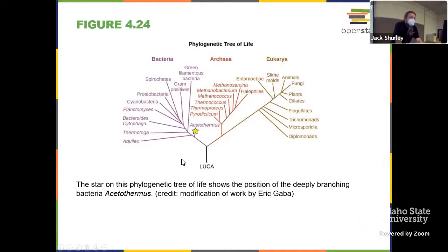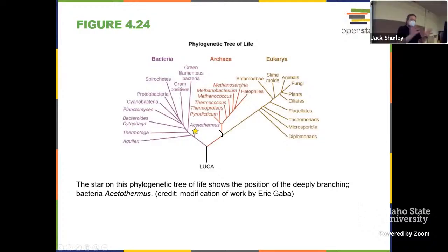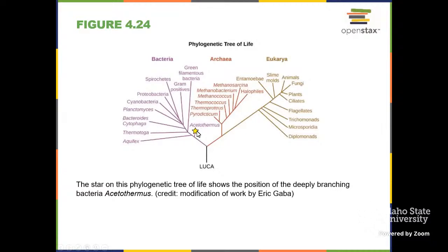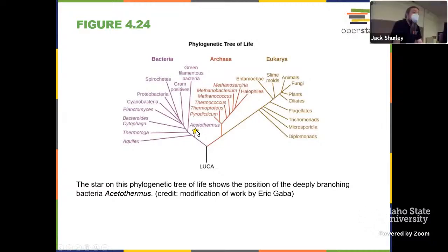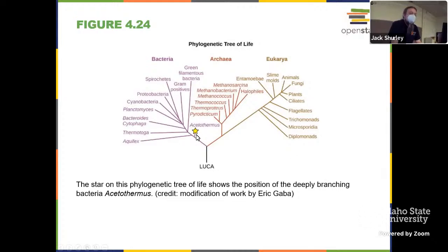This is Acetothermus, and it's kind of in the mix between these two, a high heat tolerant bacterium, not archaea. It is also deeply branching, clear down toward the very bottom near the universal common ancestor.